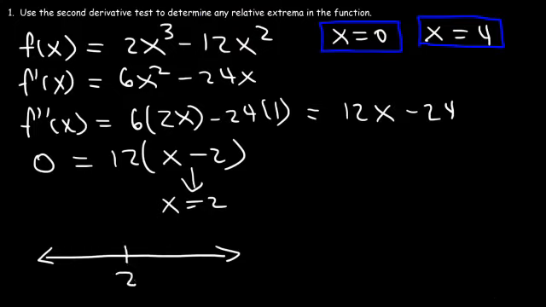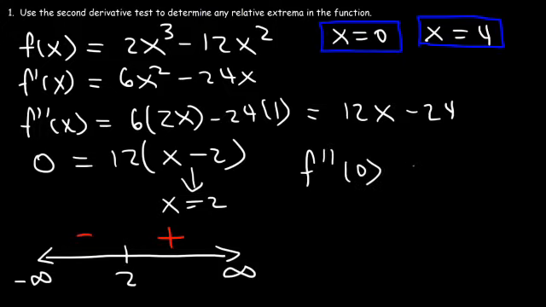so let's create a sign chart. If we plug in a test point greater than 2, let's say 3, into the second derivative, 3 minus 2 is positive. If we plug in a number less than 2, let's say 1, 1 minus 2 is negative, so it's concave down between negative infinity and 2, and concave up between 2 and infinity.